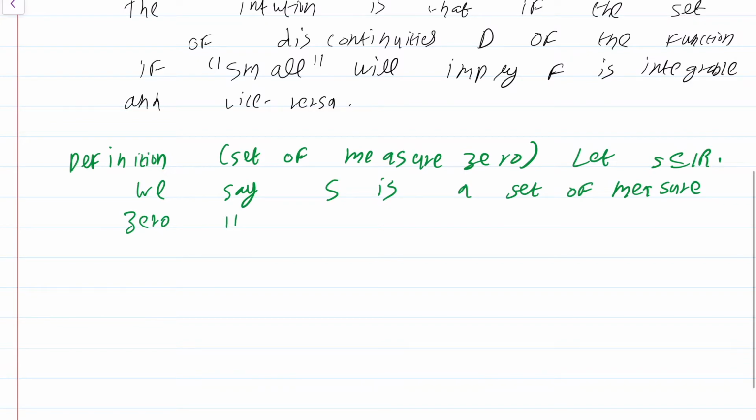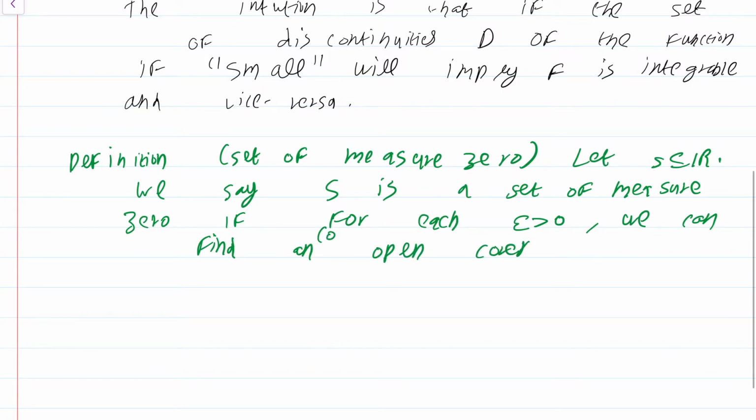if for each epsilon greater than 0 we can find an open cover, rather a countable open cover, comprising open intervals.